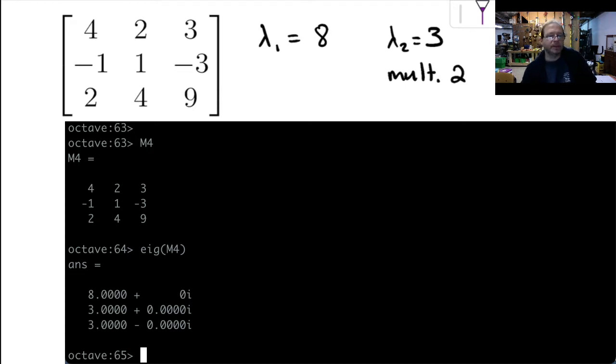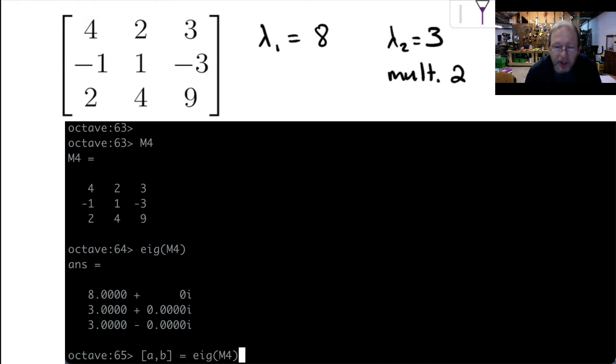All right. So the question is, could Octave go ahead and give us the eigenvectors as well? The answer to that is yes, but I don't want to use it because it's going to give us some ugly information. This is M4.